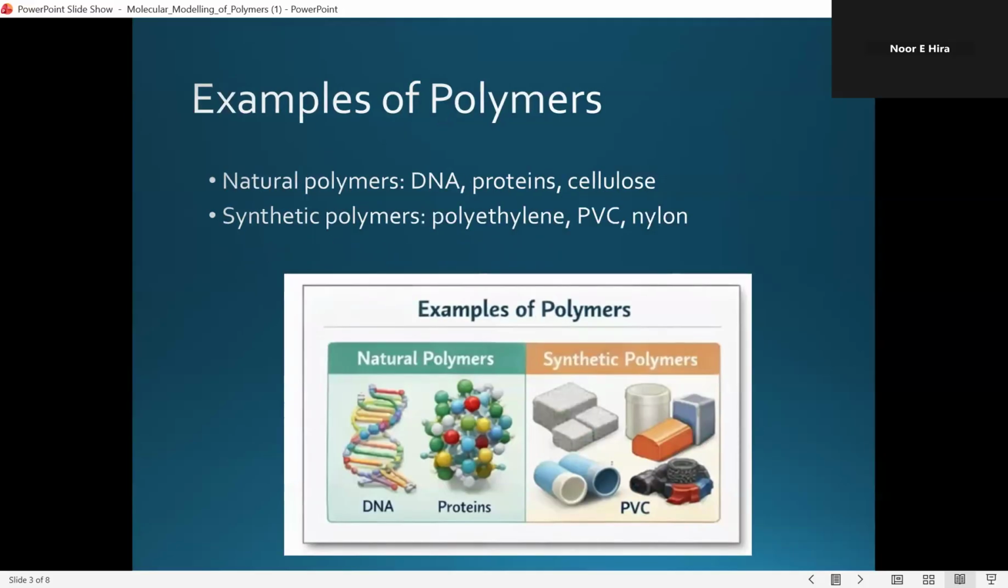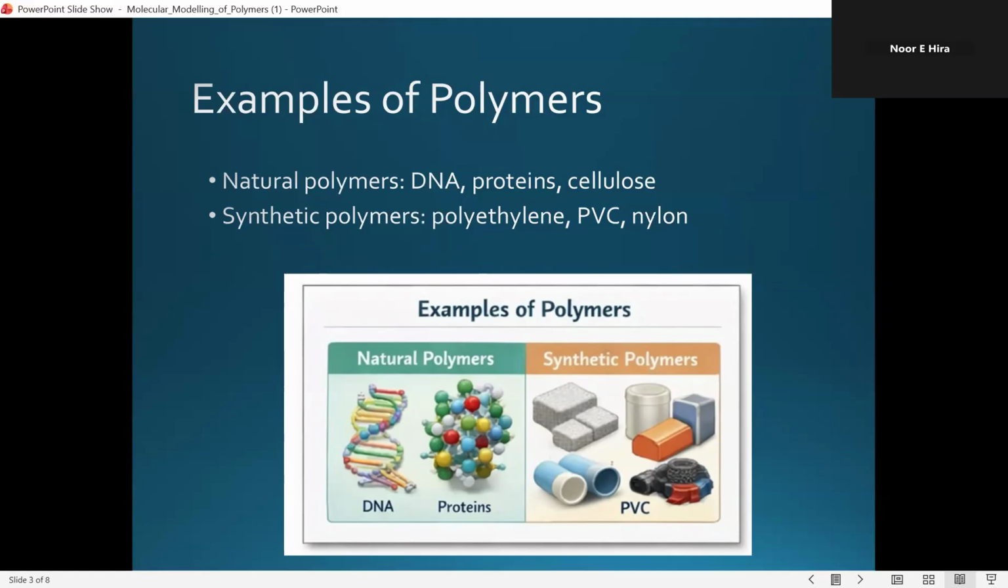So I was explaining that we have many polymers around us. They are broadly classified into natural polymers and synthetic polymers. For natural, we have DNA, proteins, and cellulose. These are essential for life and have highly specific molecular structures that determine biological function.